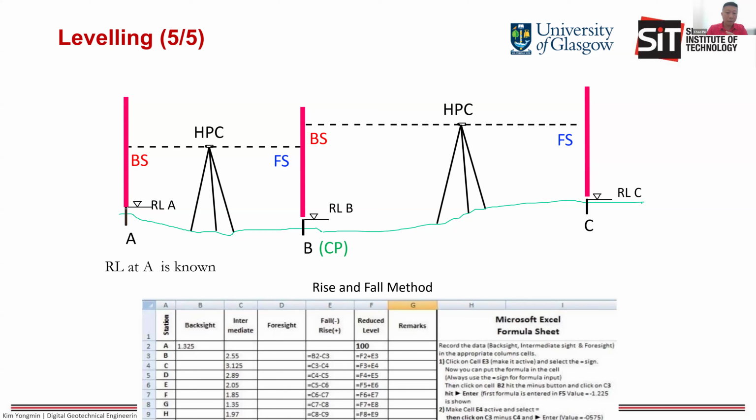And this positive value tells you that C is rising from B, meaning higher than B. So if you don't remember, or if you mess up which is fall and which is rise, or you cannot remember clearly, you just remember this theory. This drawing will tell you what is fall and what is rise.